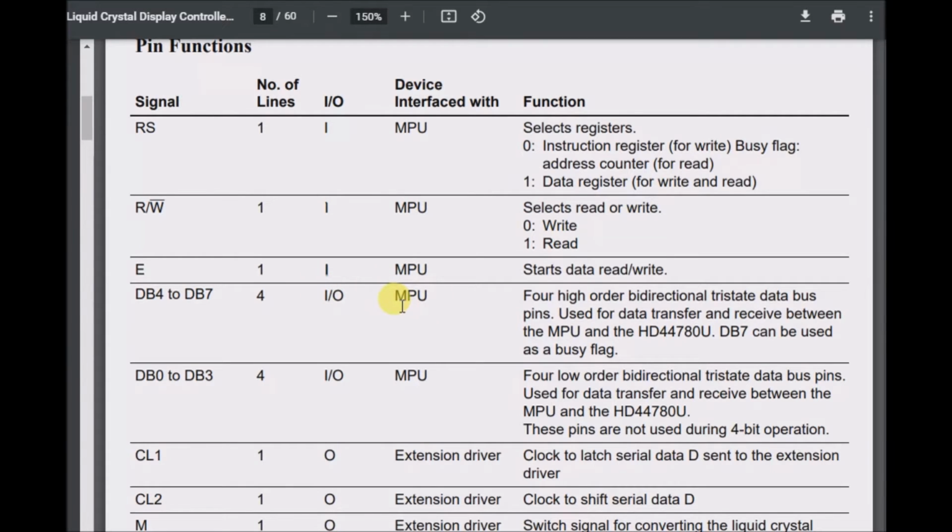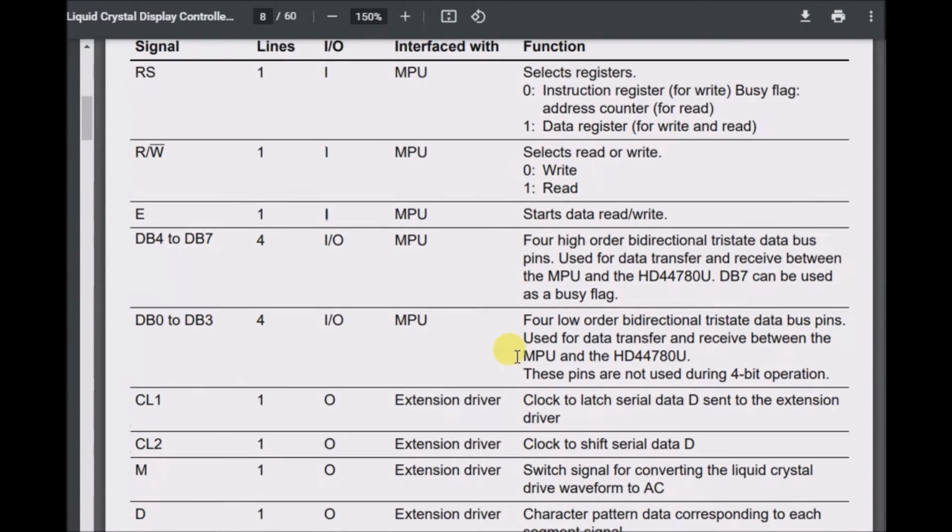Device interfaced with MPU. 4 high order bidirectional tri-state data bus pins used for data transfer and receive between the MPU and the HD44780U. DB7 can be used as a busy flag.